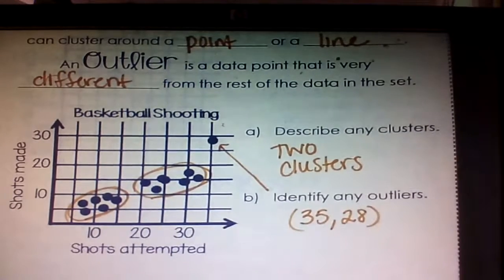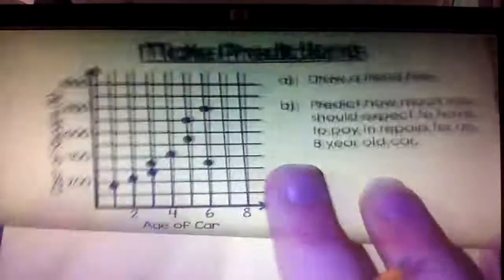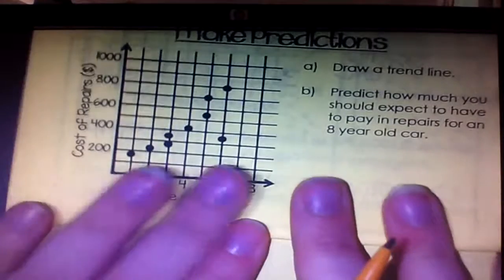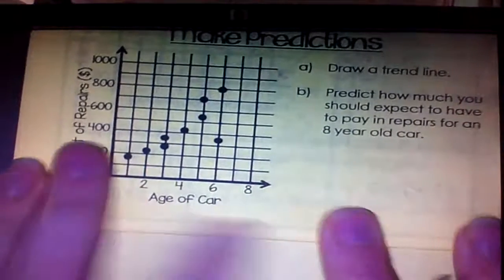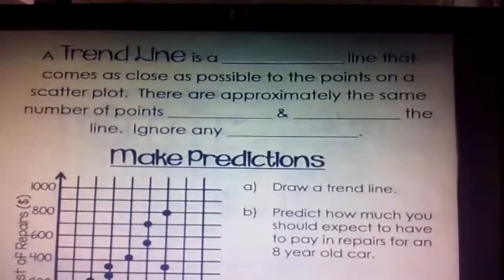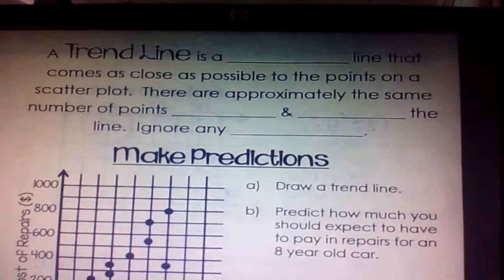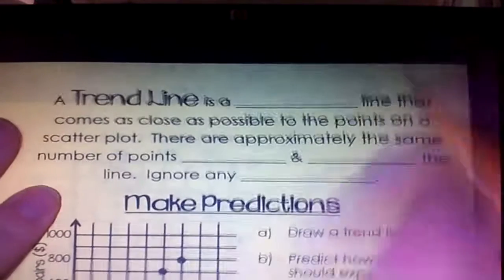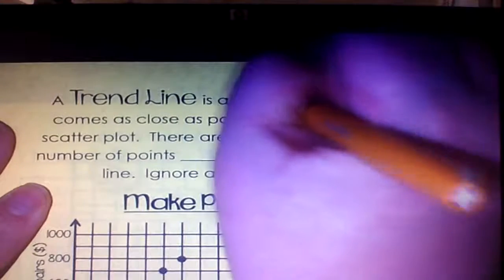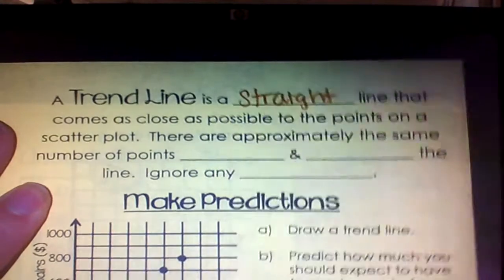Questions? All right. We're going to talk more about this next week, but just to get a general idea, we have something called a trend line. It's a straight line.